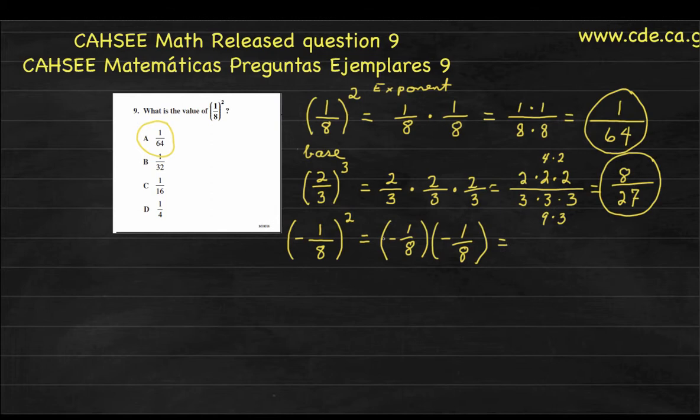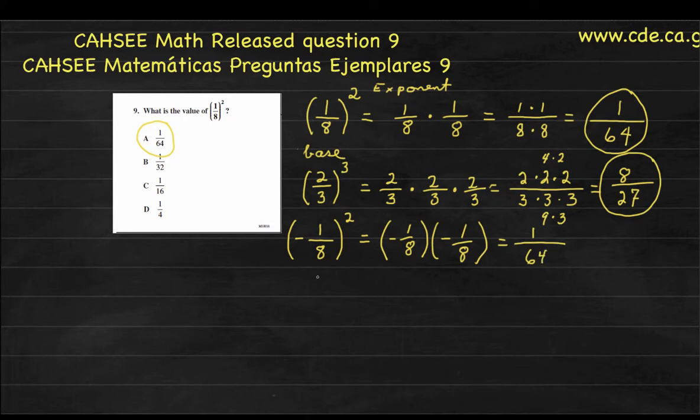Here I do have to remember that when you multiply two negatives or two positives, you will get a positive. So this is going to give me a positive answer. Because it gives me a positive answer, there's really no need for me to show the positive sign. So I'm going to erase that little positive sign. I will now write my answer, which would be 1 times 1 like before, and 8 times 8 is 64.